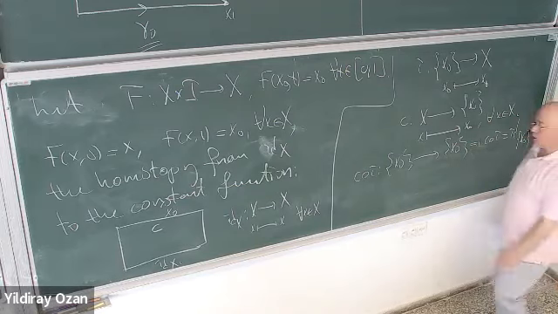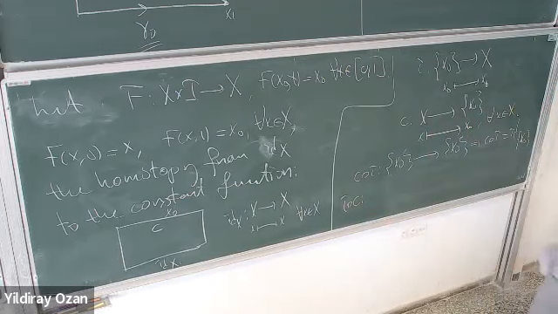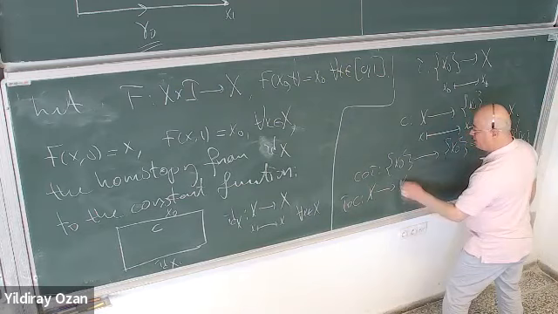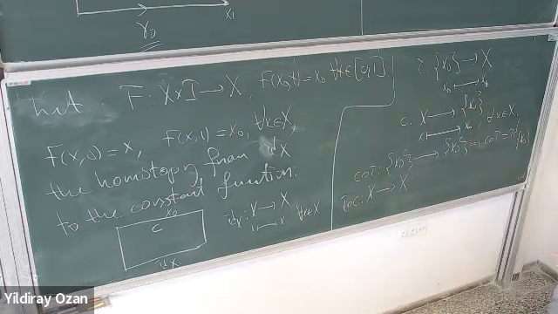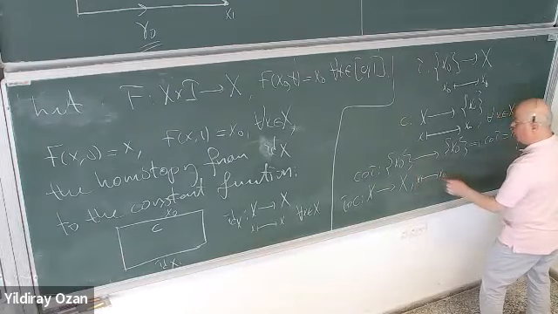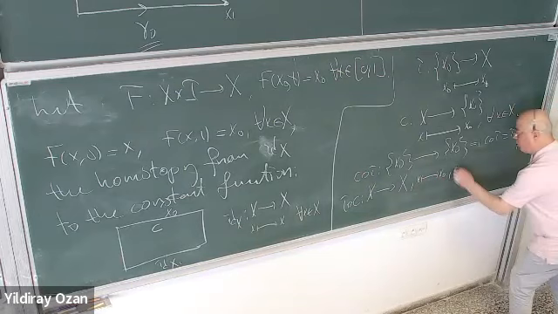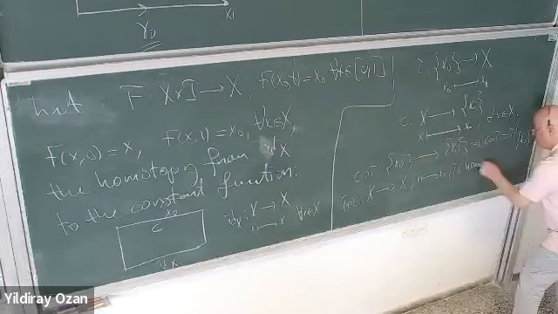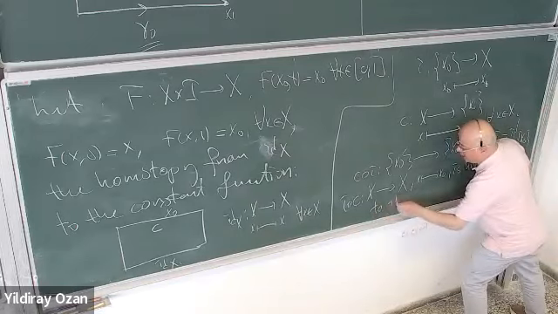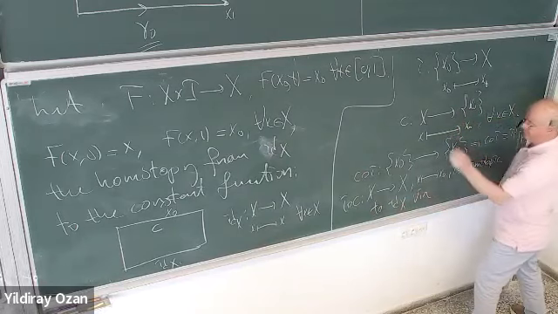On the other hand, this one is from x to x, but it takes everything to, of course, x0. And I know that this function is homotopic to the identity function of x via the homotopy f.